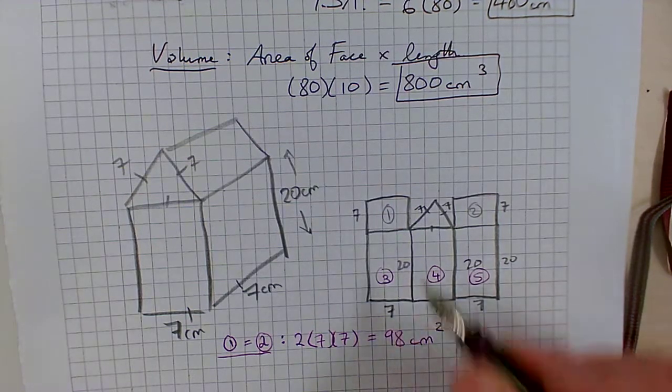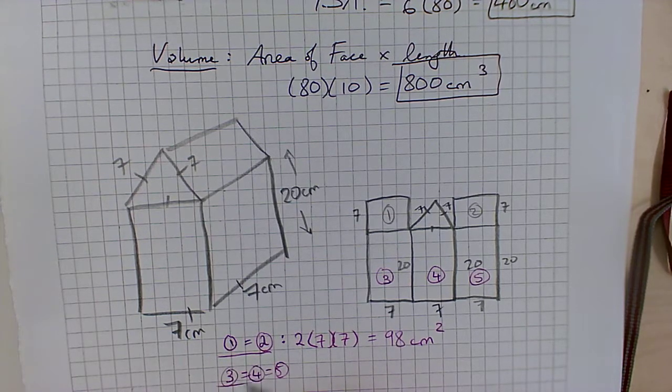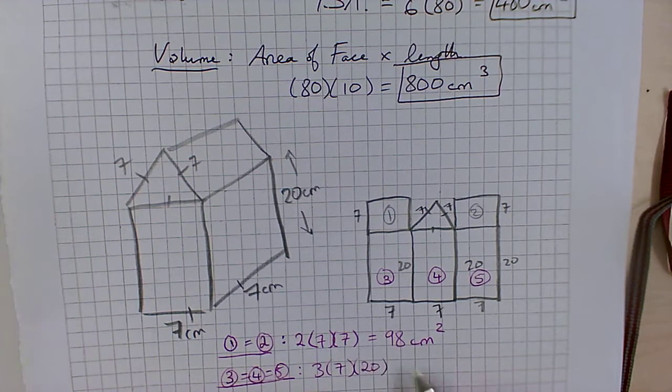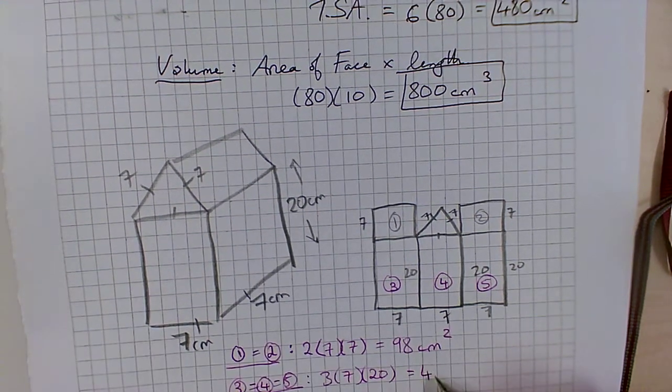They're all 20 by 7. So this is 7 by 7, they're little squares. So 3, 4 and 5 are the same. So I have 3 times 7 by 20, which is 21 by 20, 420 centimeters squared.